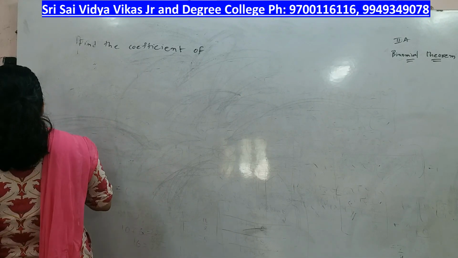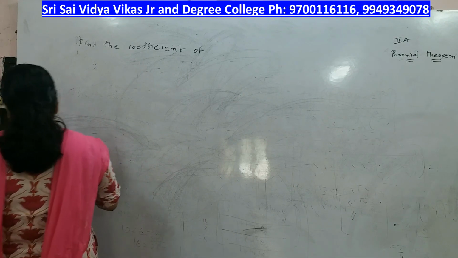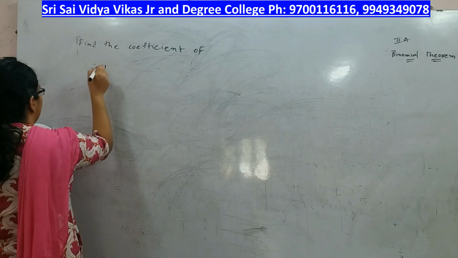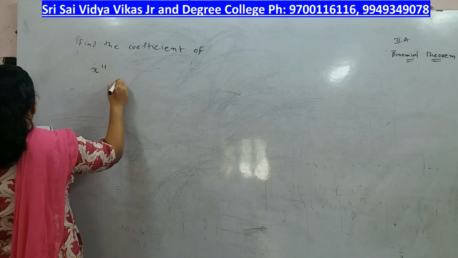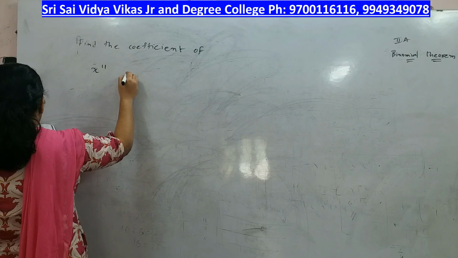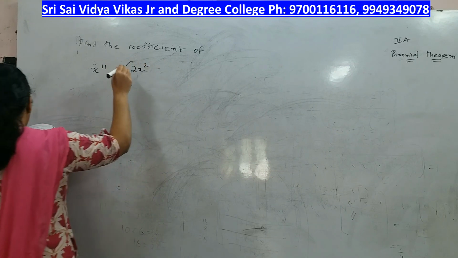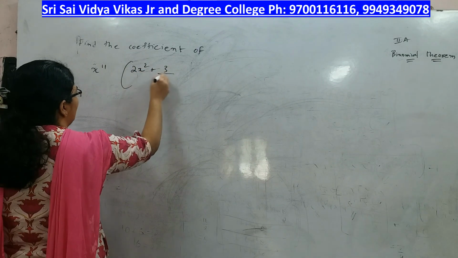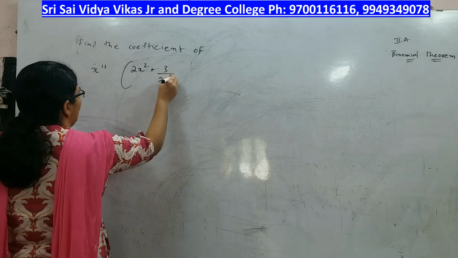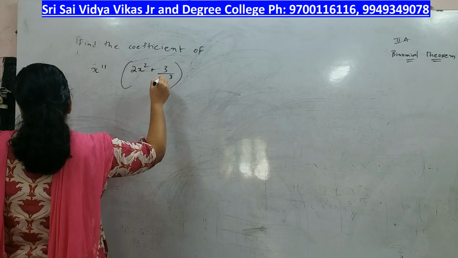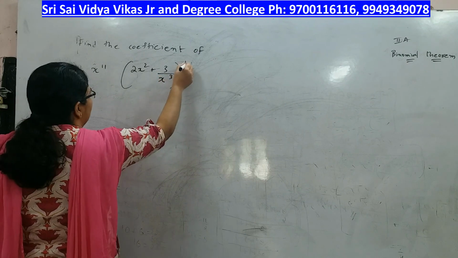Find the coefficient of x power 11 in the expansion of (2x square plus 3 by x cube) whole power 13.